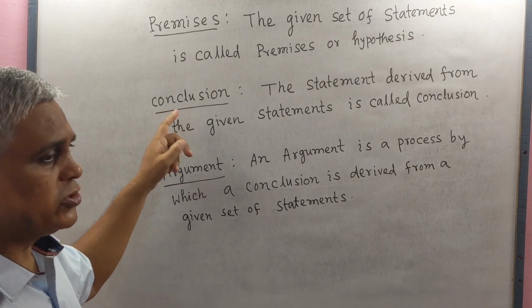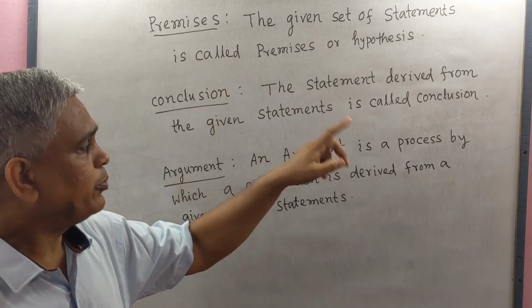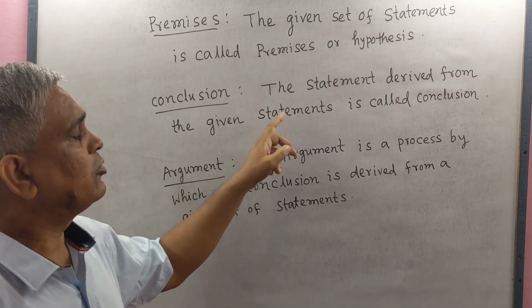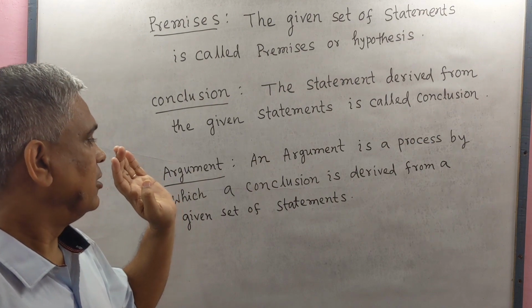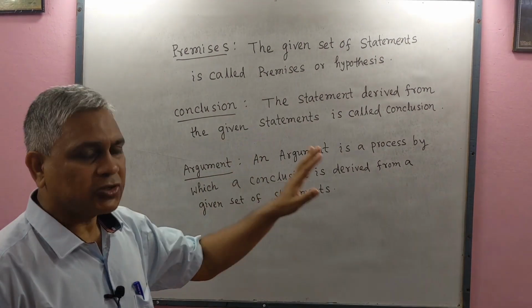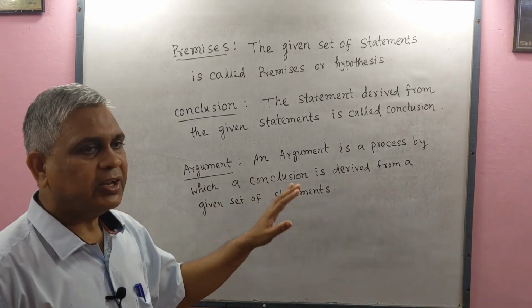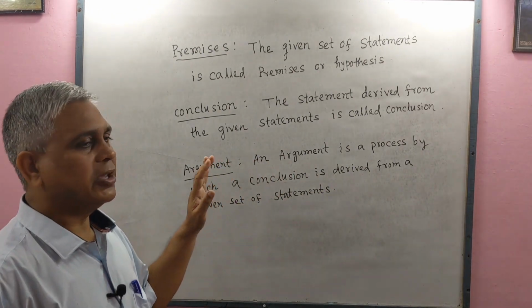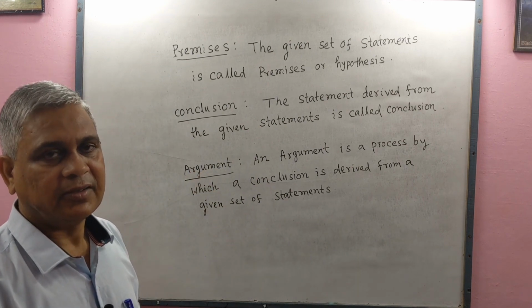Second is conclusion. The statement derived from the given set of statements is called conclusion. Argument. An argument is a process by which a conclusion is derived from a given set of statements.